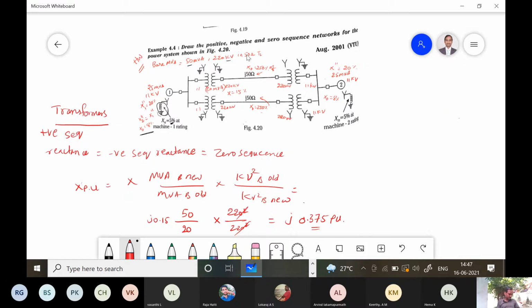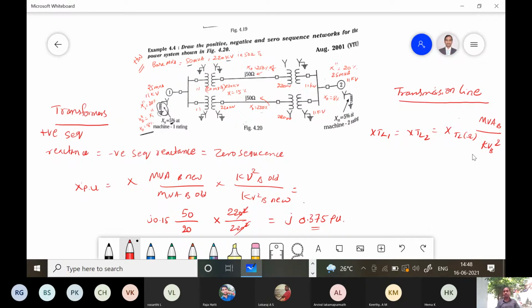Now do it for the transmission line. XTL1 and XTL2 are both the same here. XTL1 is equal to XTL2, which is equal to XTL in ohms multiplied by MVA base by kV base square.